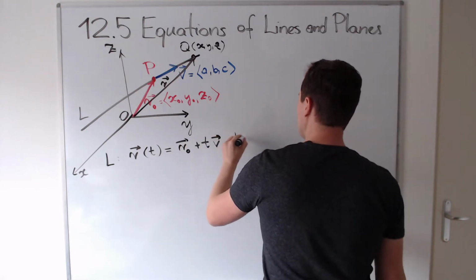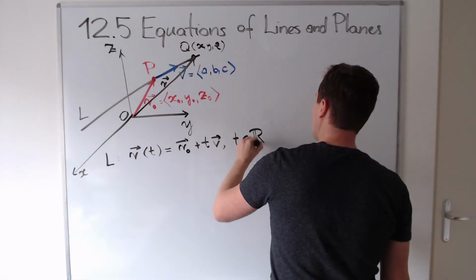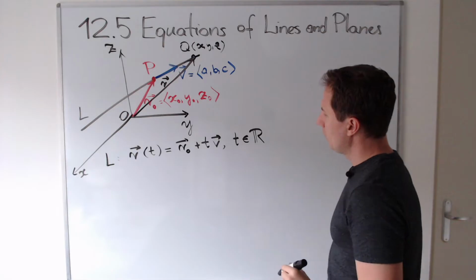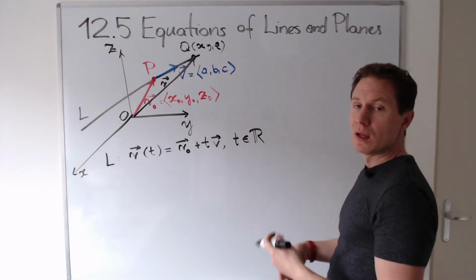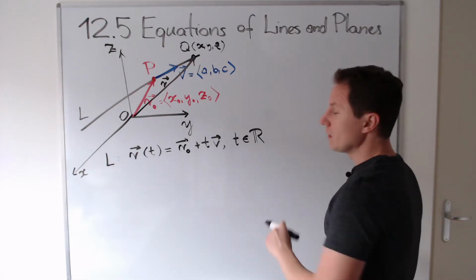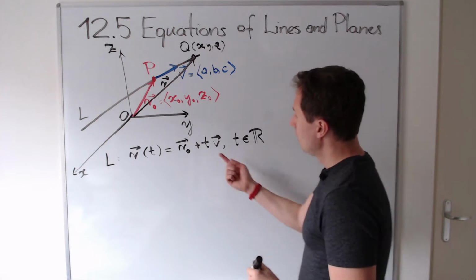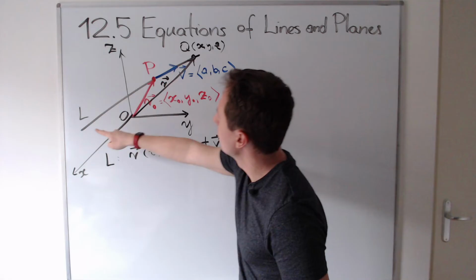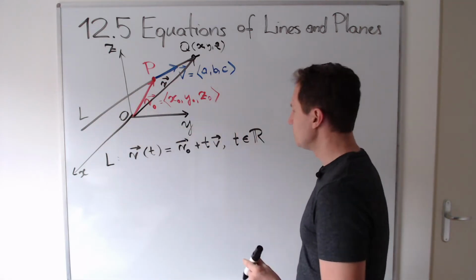So t here is an arbitrary real number which will give you points on the line as t runs along the number line. This vector will basically sweep out the entire line.